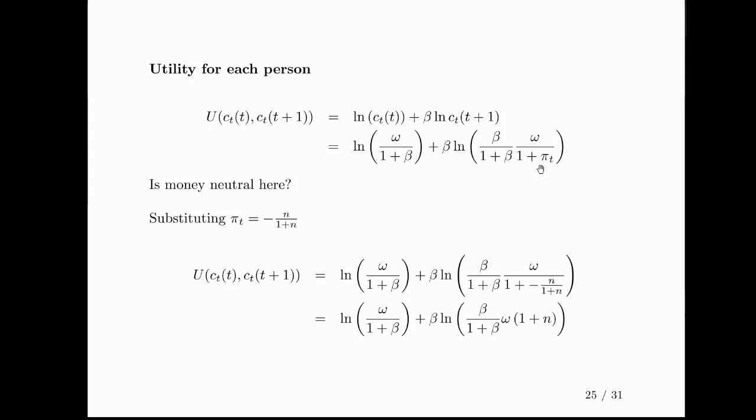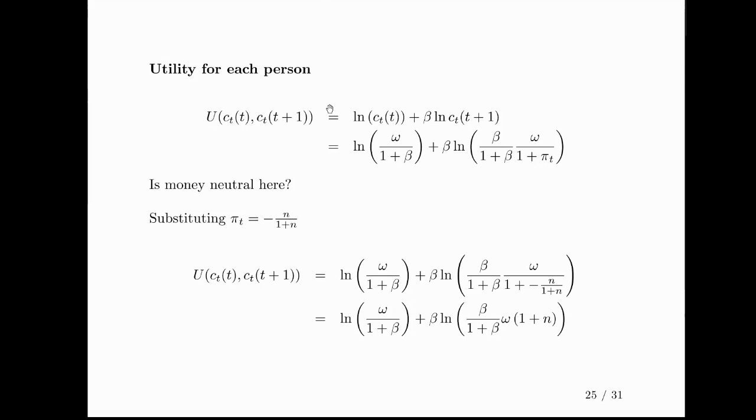So not the exact nominal price level, but how the price level changes over time. Here it's exactly not neutral, because I have my inflation here. So are people more or less happy with inflation? Less happy. Yes, because if their purchasing power decreases, then they are less well off in the future.